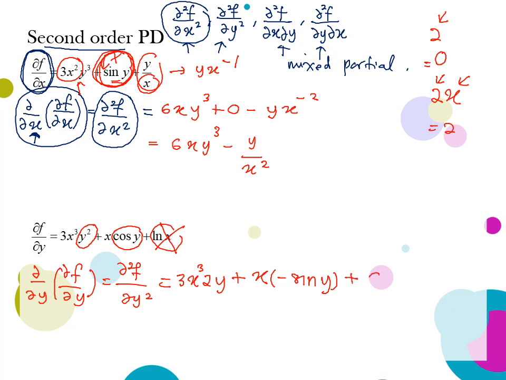Differentiate a constant, you get 0. So the answer is 3 times 2 is 6x cubed y minus x sin y plus 0. So this is the second order partial derivative for the two same variables, x squared, y squared.